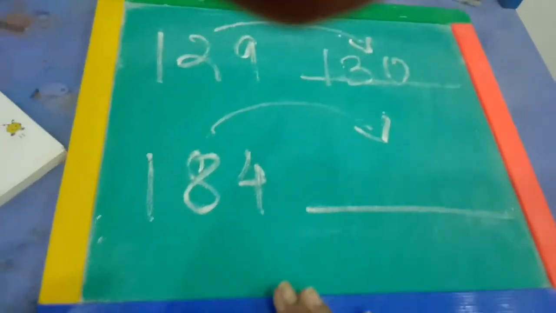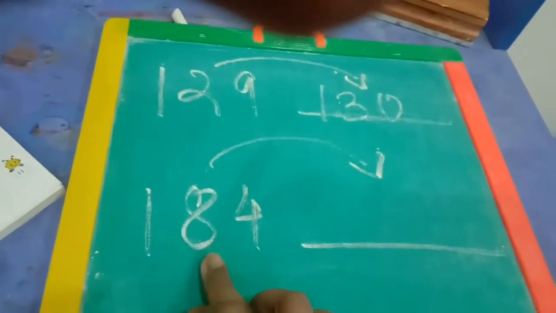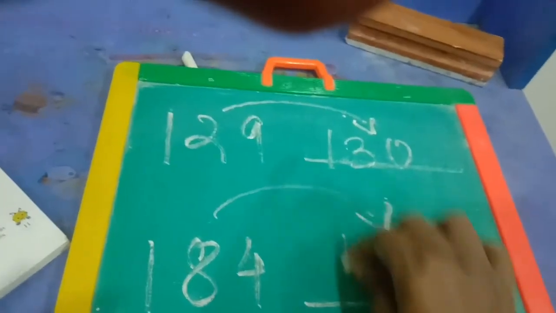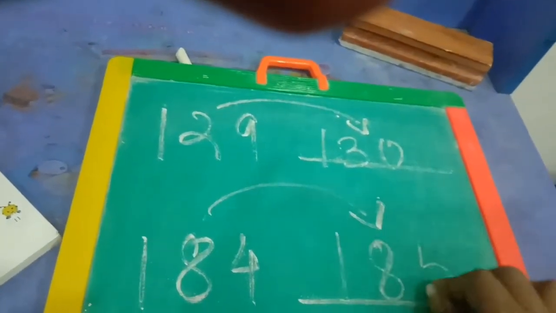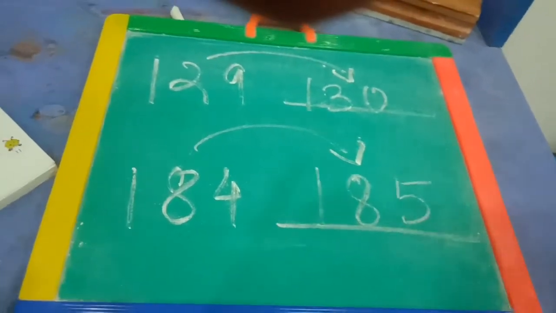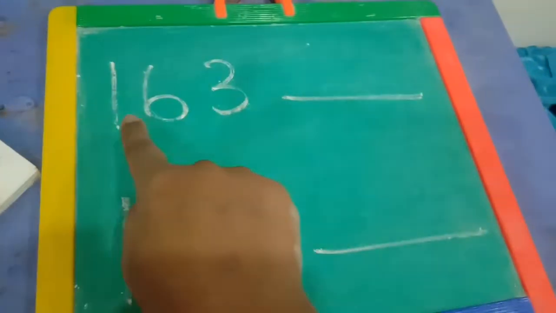Got it? Same way, after 184, what comes? 185. Simple, no children?